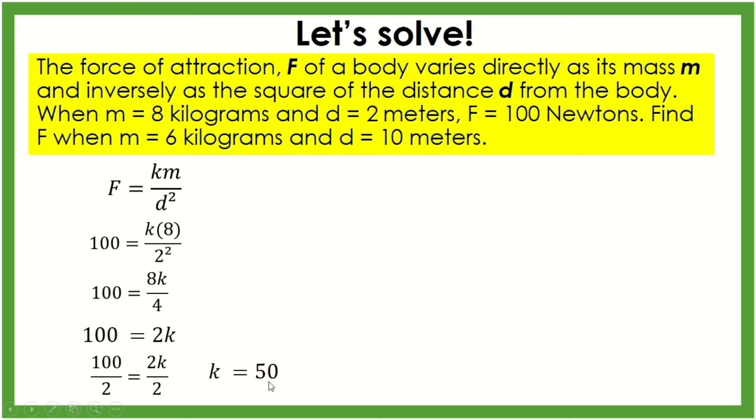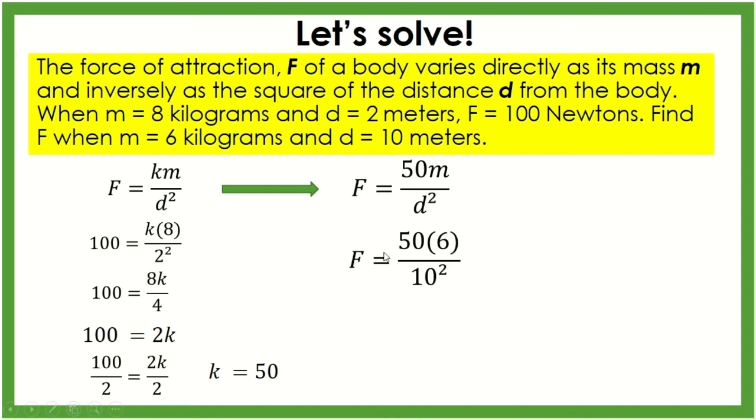After nating makuha yung value ng K, substitute natin dito sa ating equation. We have F equals 50 times M all over D square. Then, substitute natin yung mga given. M equals 6 kilograms and D equals 10 meters para makuha yung F. We have 50 times M is 6 all over D is 10.